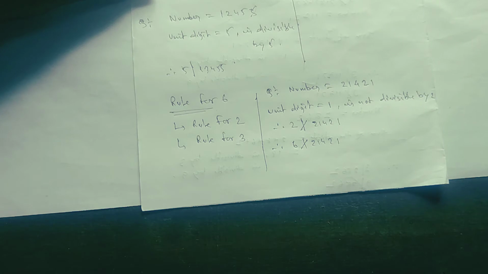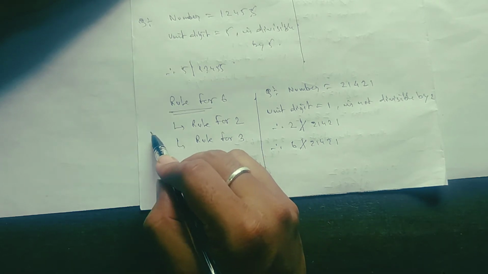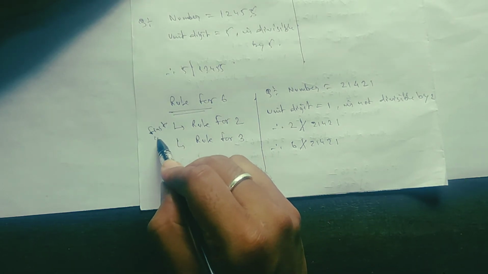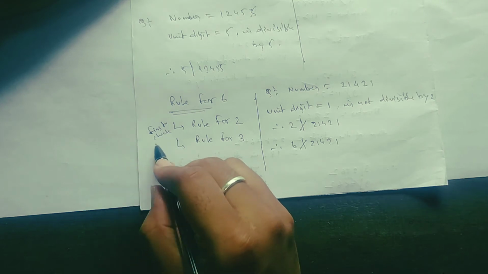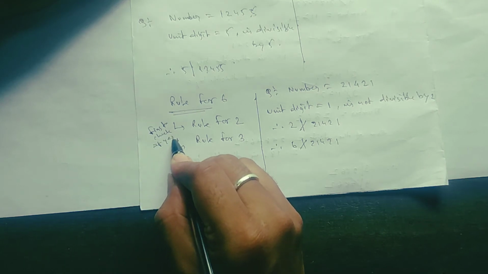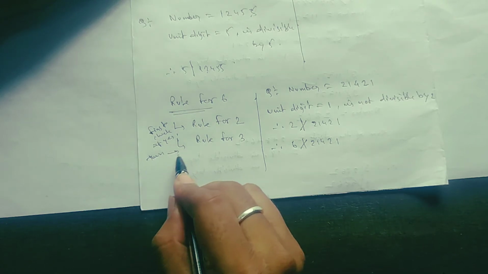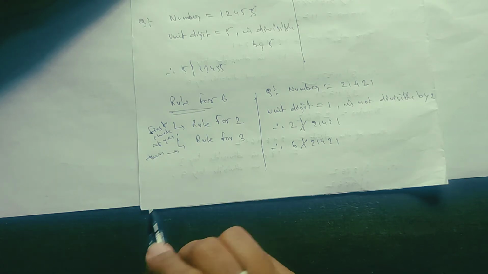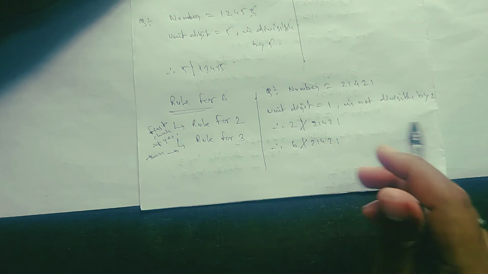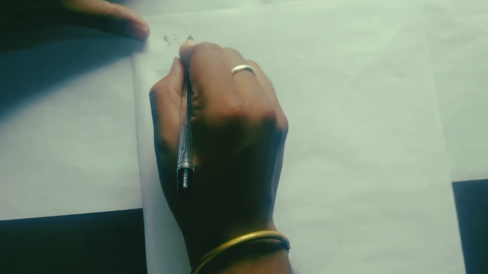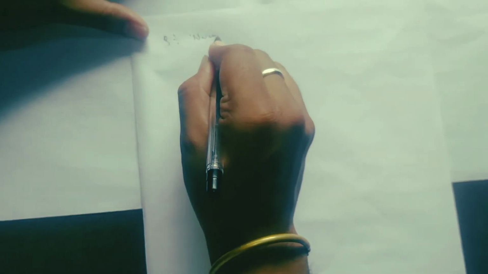No need to check for 6, no need to check for 3. Remember why? Because first you need to check this one. If yes, then go for this, that means the rule for 3. Now we'll take another problem. The number is 14428.